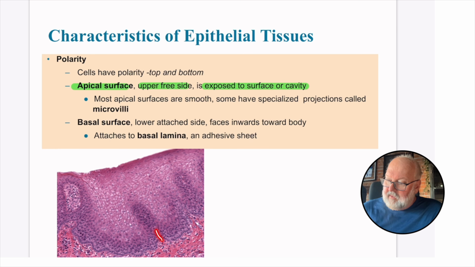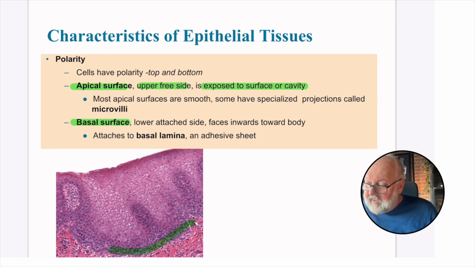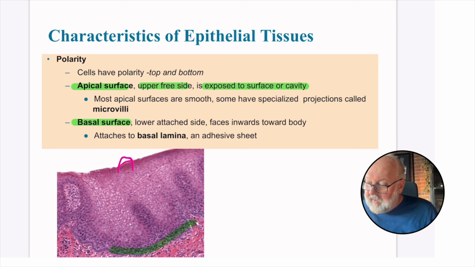This is the thickness, one of the types of epithelium. You can see how many cells make this one up. The apical surface is up here because it faces the outside world. And the second surface we can talk about is the basilar surface, and that is down here. So we have polarity: the apical surface up here, and the basilar surface down here.